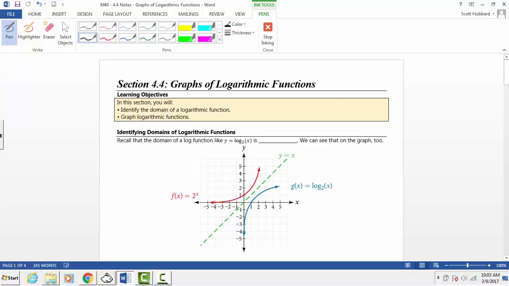So first, let's just recap what we talked about last time. Domains of logs are important because the domain is not going to be all real numbers. In general, for a log function, I'll call it log base b of x, it has a domain of 0 to infinity, so it can only be positive numbers.